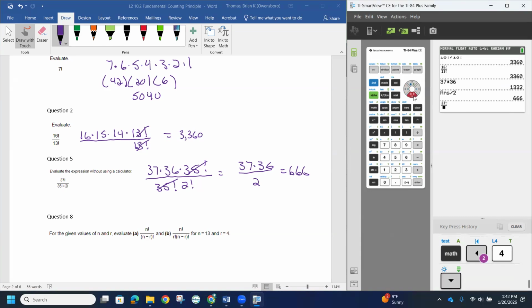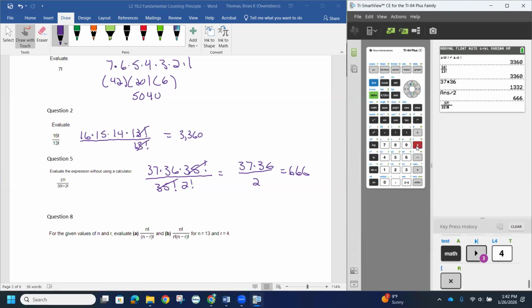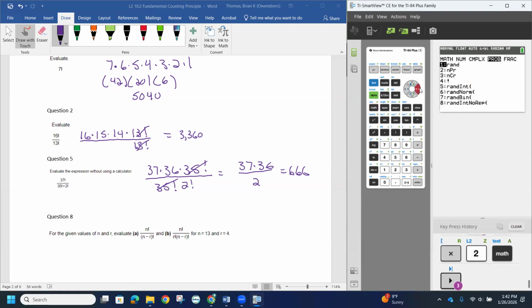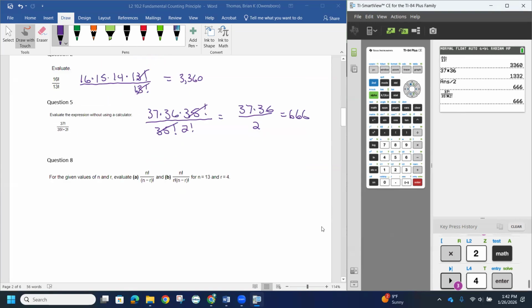And then on the bottom, I can put in 35 math, probability 4 times then 2 factorial, 2 math, probability 4. I can type it in and it should still give me the same answer. Okay, so several ways of doing this. So that's just a few. So question 8, I'll pause here and we'll do this on a separate video.